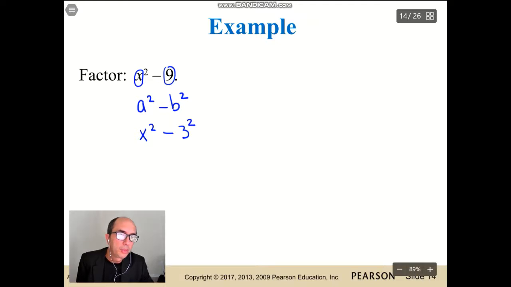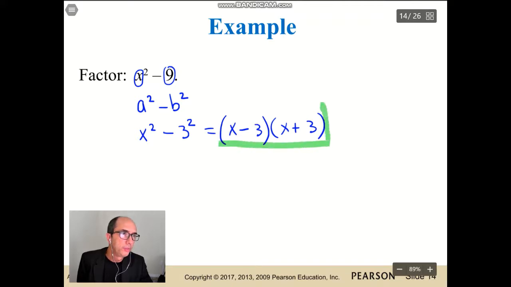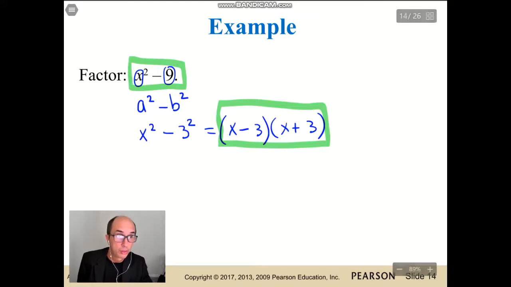So b is going to be 3, right? Therefore, we can rewrite this as (x minus 3) times (x plus 3). This is equal to the original expression. This is how we factor the original expression.